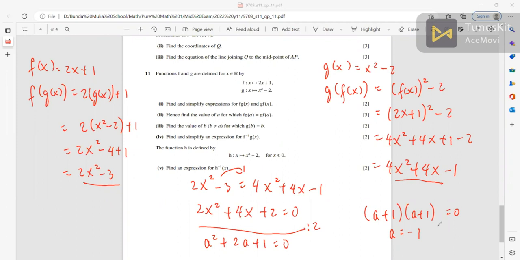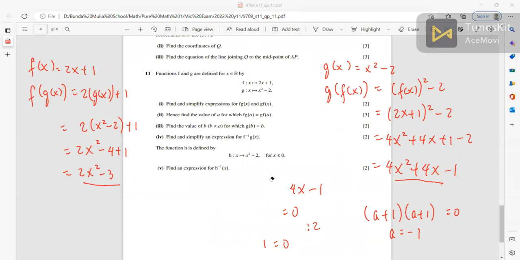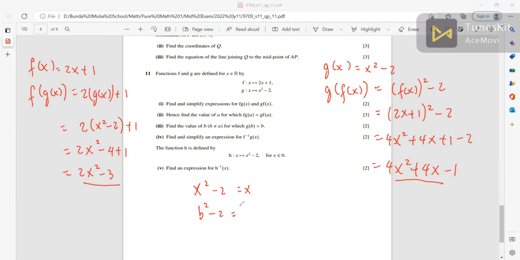Find the value of b for the third one. g(b) equals b. So I have x squared minus 2 equals to x, so we have to change to b. b squared minus 2 equals b.